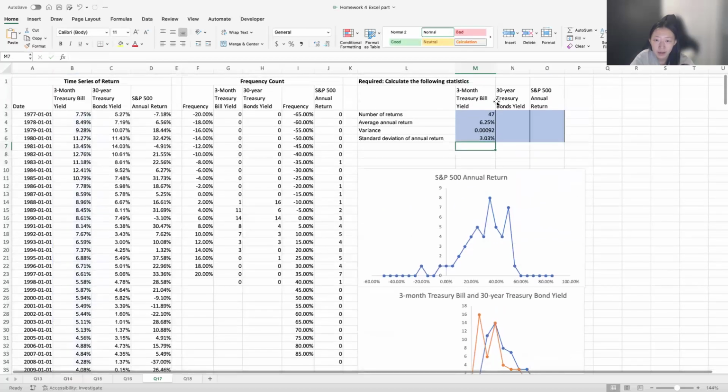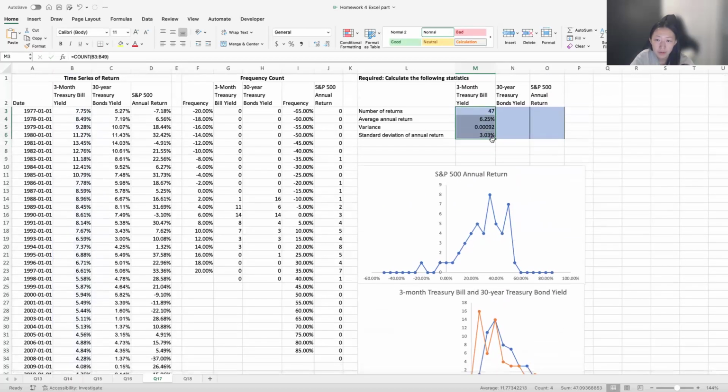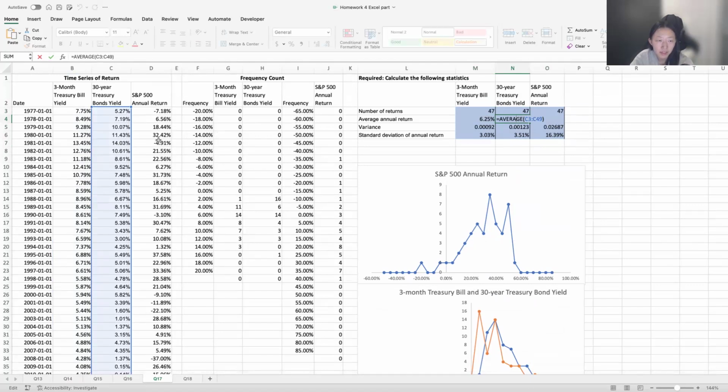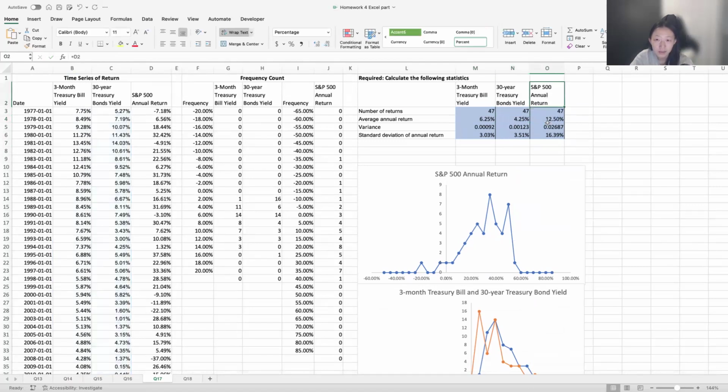enter. Now we have everything we need, and we just need to drag it to the right so that it moves correspondingly to the next column, for the 30-year Treasury bond yield and for the S&P 500. You're going to see that both of these two are lower.